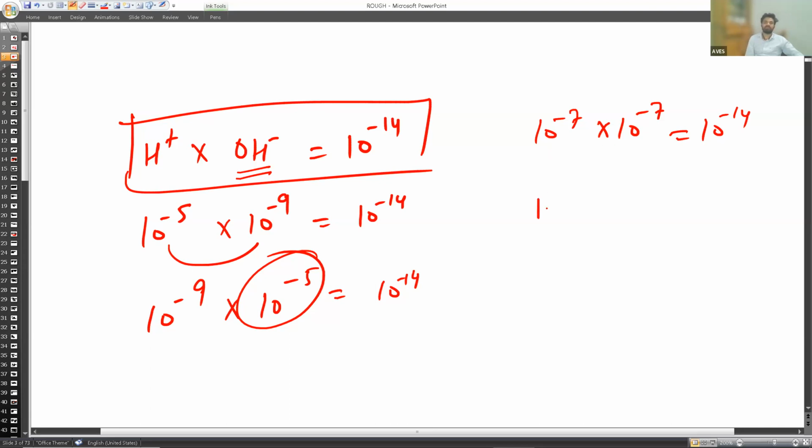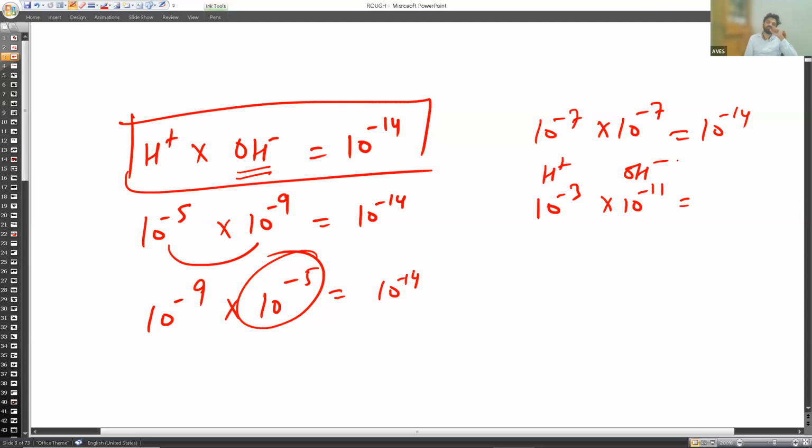If we have 10 to the power minus 3 for H plus ion, then it will be 10 to the power minus 11 for OH negative. Understood? It is mandatory to understand that the product of the concentrations of H plus ion and OH negative ion is always 10 to the power minus 14.